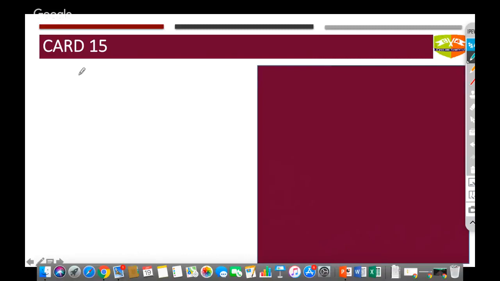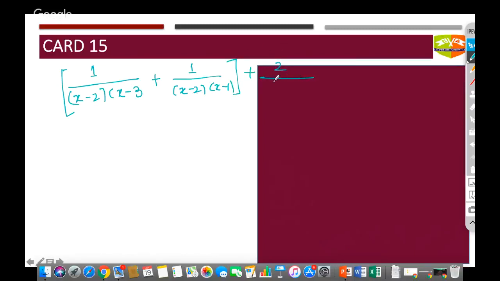Now look at another question to be solved: 1 divided by (x minus 2)(x minus 3) plus 1 divided by (x minus 2)(x minus 1) plus 2 divided by (x minus 3)(x minus 5).